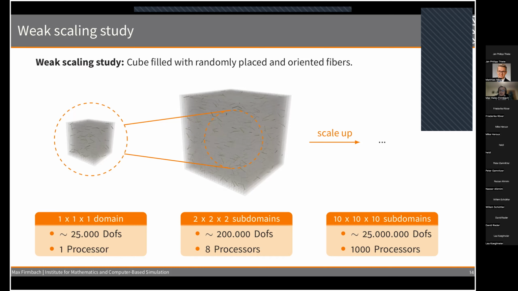As you can see, it's a multiplication by 8 overall, and we scale up till we reach 1,000 processors, which is the maximum our cluster can take at the moment. So not heavy supercomputing, but still very much for the resources that we have.